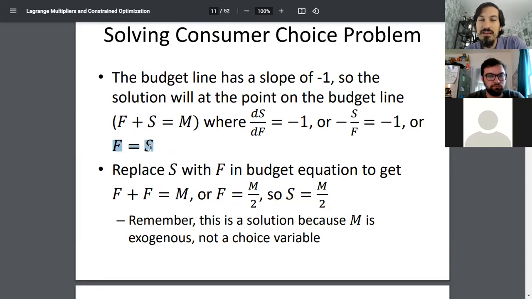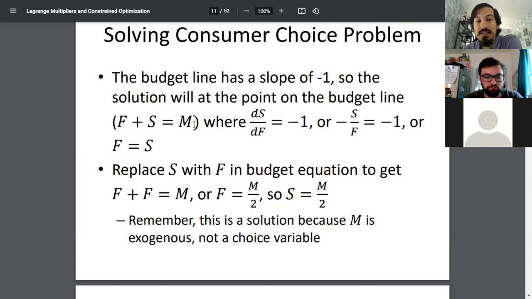We haven't solved it yet, but we at least know this condition, f equals s, is true. Plugging that into our constraint is the right thing to do. To solve any problem like this, if you get something like a first order condition, like f equals s, and you plug that into the constraint, like f plus s equals m, you're very likely to get the answer.